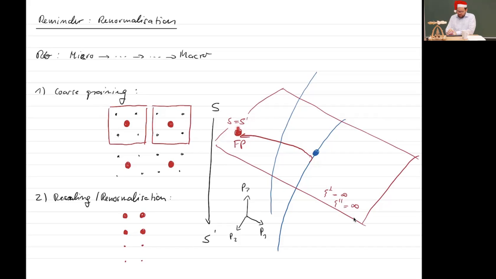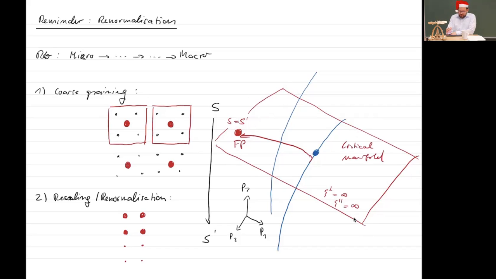And then I defined the set of all actions that are also drawn into the same fixed point. And that's called the critical manifold.